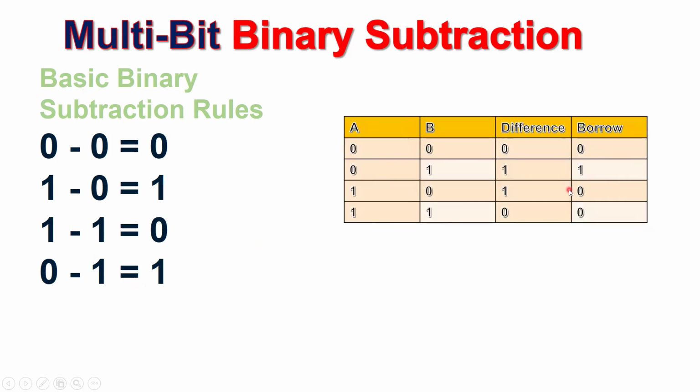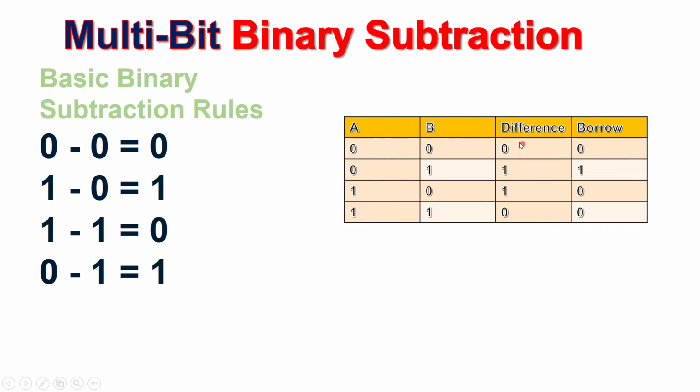Let us understand the same in the tabular form. So you have bit A, it could be logic 0 or 1. You have bit B, it could be logic 0 or 1. These are the two numbers, each having one bit, 0 or 1. There are 2 to the power 2 equals 4 possible input combinations, starting from 00, 01, 10, and 11.